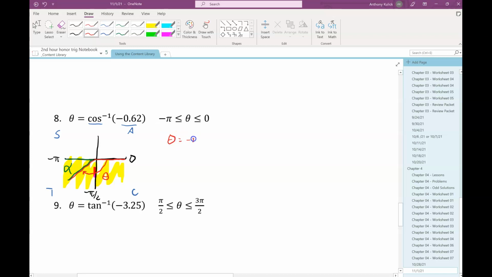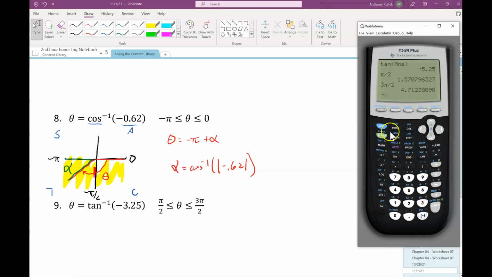Remember, that stuff all gets flip-flopped if we're doing a negative angle. So that's negative 2.24.